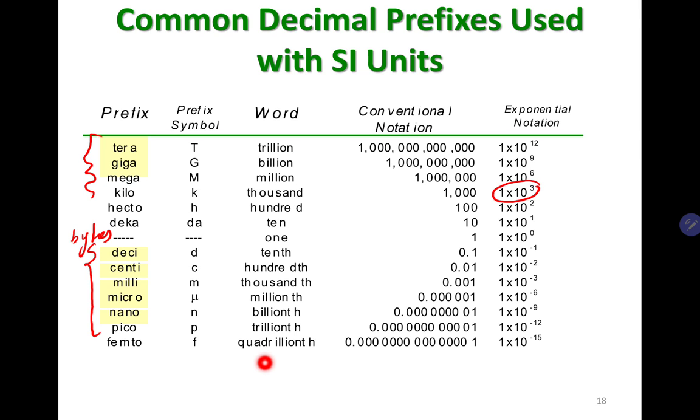And megabytes is 1000 kilobytes, right? So that is 10 to the power 6, and then gigabyte is 1000 megabytes, and then terabyte, which is usually the hard drives these days, is 1000 gigabytes. So you may already know this tera, giga, mega, kilo from computer knowledge.